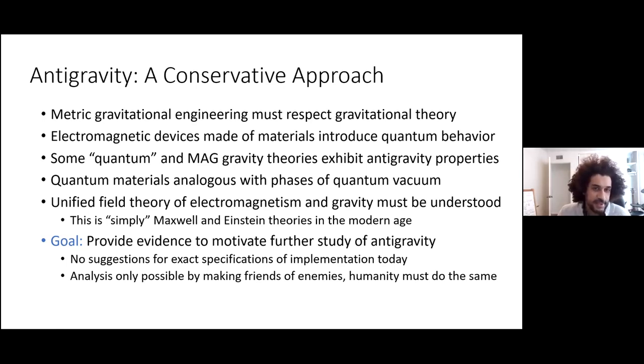And I think the best way to do that is to understand how quantum gravity works. That way you understand unified field theory. And if we can understand unified field theory and look at how Maxwell's equations and general relativity play together, and we have a unified field theory that is decent enough, then we can at least have some confidence in the theoretical framework that we're working with.